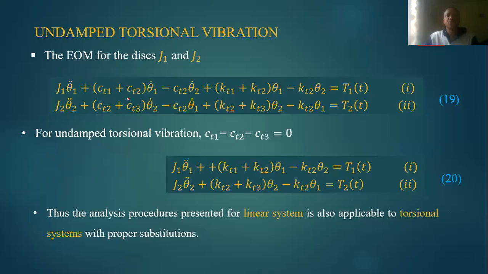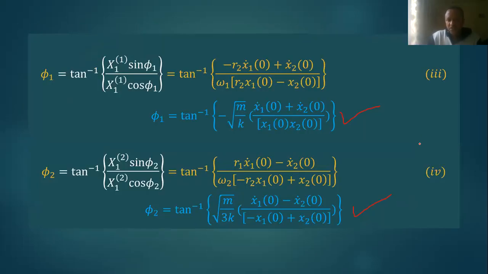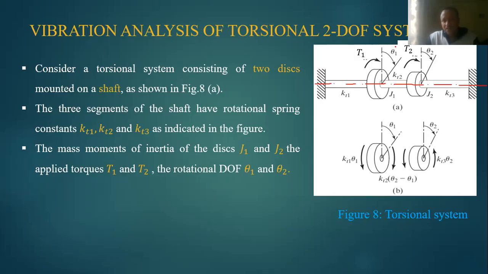So for the equation of motion, let's take the free body diagram for each disc. This is disc number 1 and disc number 2. The torque applied to disc number 1 is T1, or sometimes we use MT, moment torque, MT1, MT2.